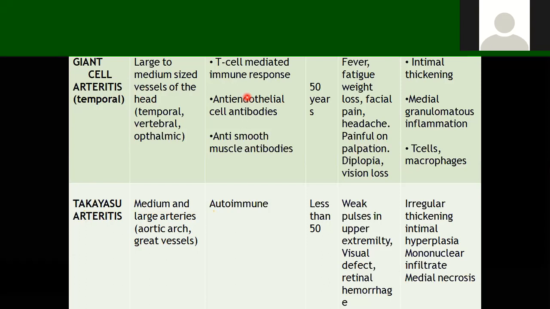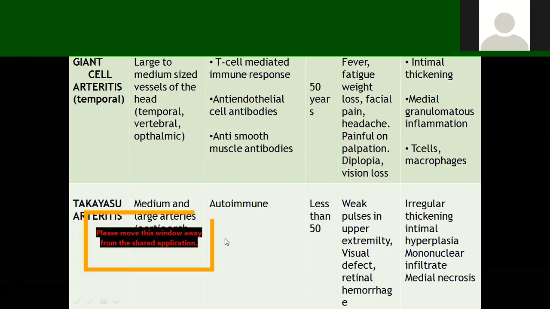The biopsy shows granulomatous inflammation of the vessel wall, right? So there is intimal thickening, there is fragmentation of the internal elastic lamina, and there would be granulomatous inflammation in the media, right? Okay, so this is one, giant cell arteritis or temporal arteritis.